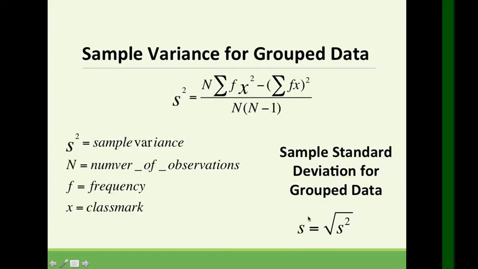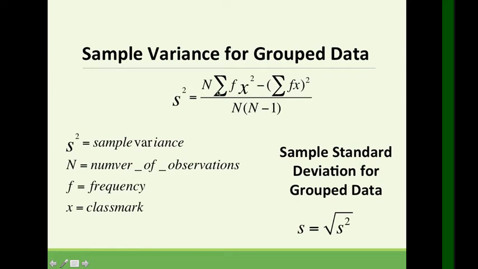On the other hand, we have this what we call the sample variance for group data. So for the sample variance, meron naman tayong formula na S squared. So, pinagkaiba is kung sa population variance, ang gamit natin ay sigma. Sa sample variance, ang gamit natin ay letter S. Okay, so S squared equals N, summation of f of x squared minus quantity summation of f of x squared.